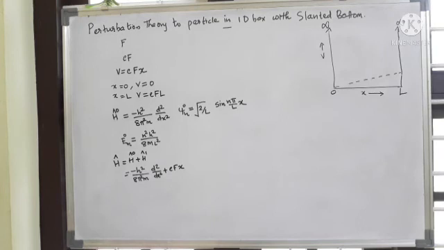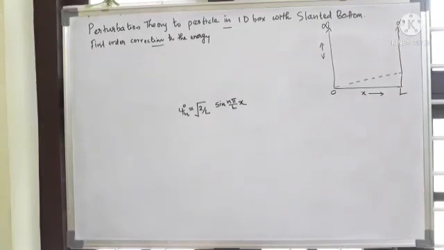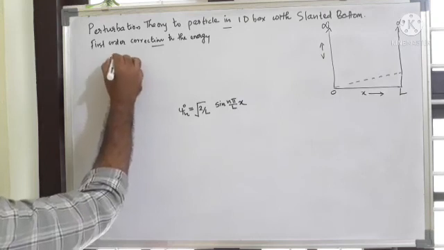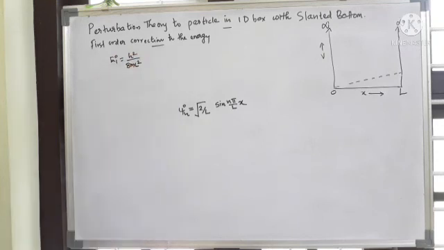Then we have to find the first order correction to the energy. We know the ground state unperturbed energy, given as E10 equal to h square by 8 m L square.